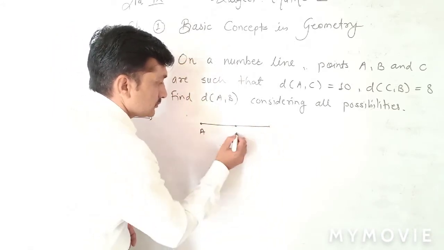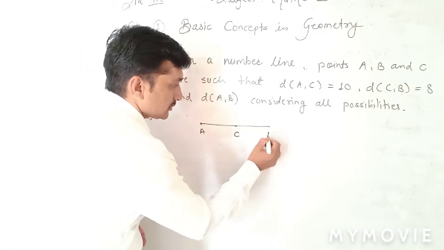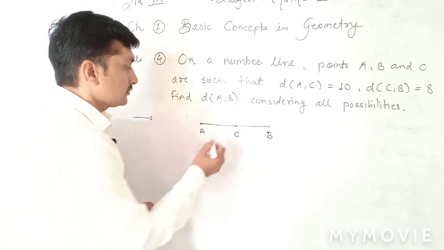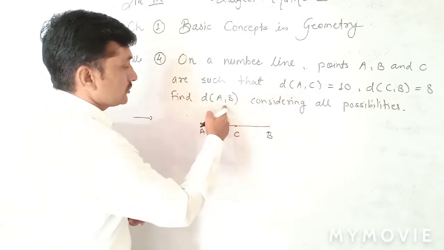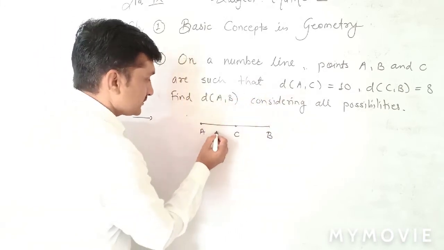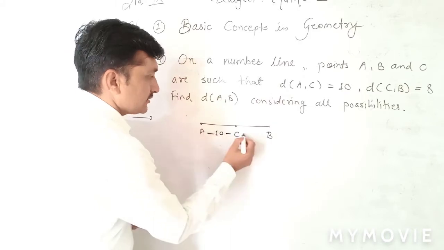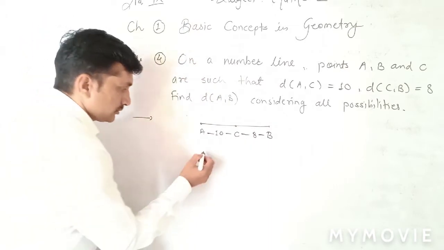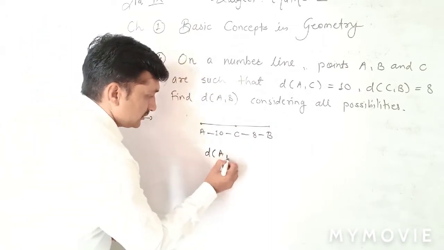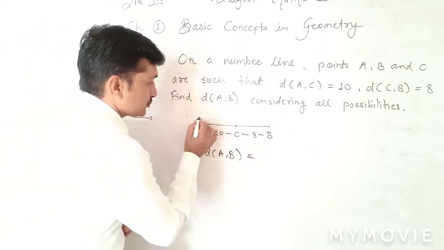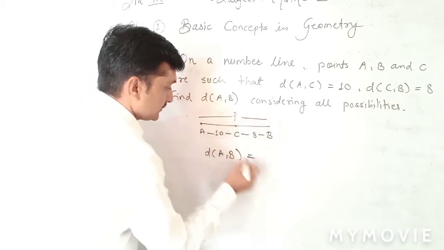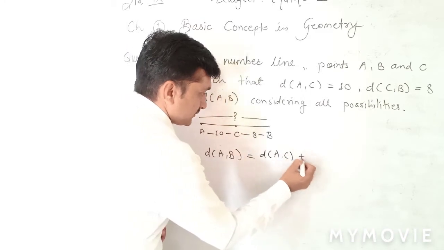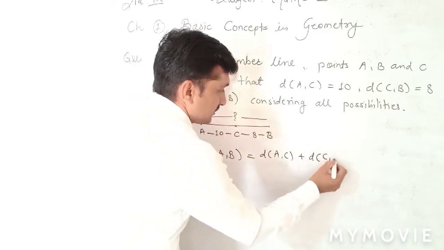Now the second possibility is that A, C in between, A and B are the ends. Now we have to find AB. AC is given 10 and CB, that is BC, is 8. Distance AB is the total, equal to the addition of distance AC plus distance CB.